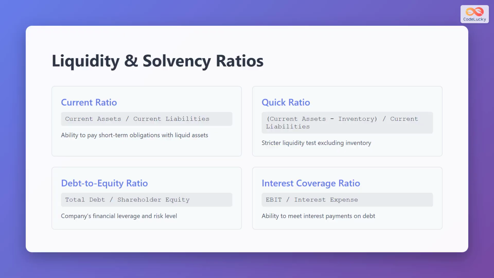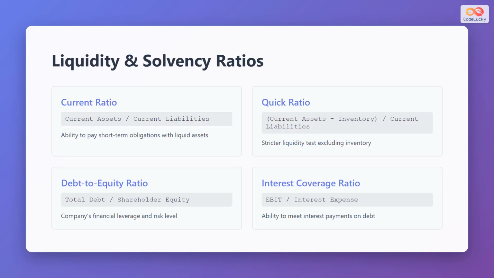Liquidity and solvency ratios reveal a company's financial stability. The current ratio is current assets divided by current liabilities, measuring the ability to pay short-term obligations with liquid assets. A ratio above 1 indicates the company can cover its short-term debts. The quick ratio is current assets minus inventory divided by current liabilities, providing a stricter liquidity test by excluding inventory, which may not be easily converted to cash.